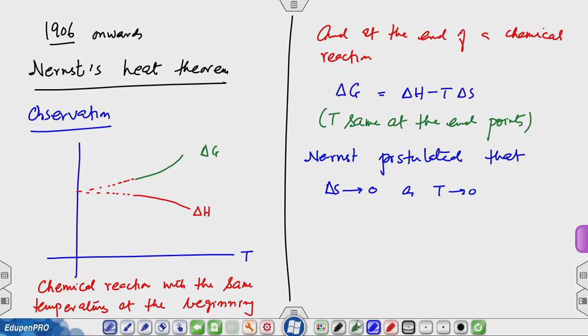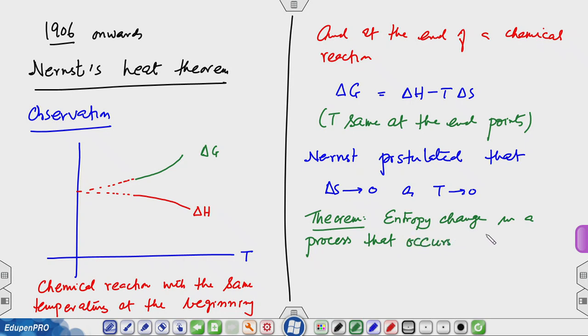So, the theorem is: the entropy change in a process that occurs between a pair of equilibrium states.